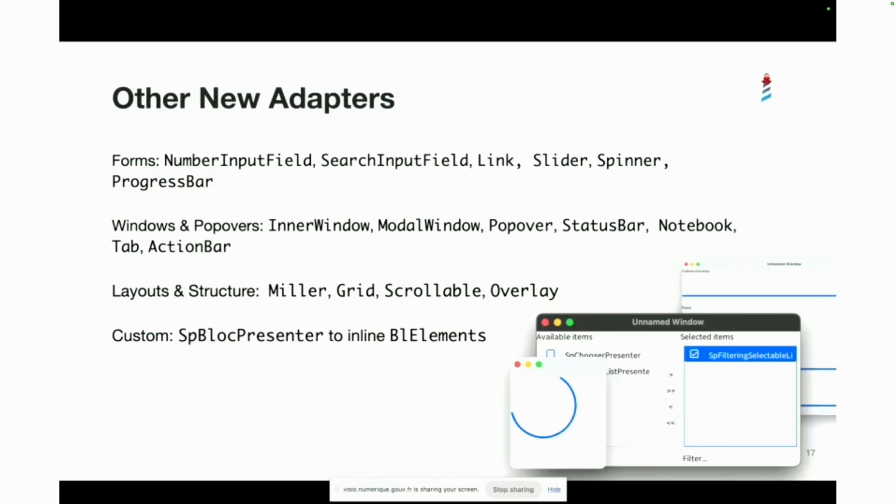Also, we cover many other widgets that you see, as well as layouts, because one of the important layouts is Miller, which is very used in the inspector, for example. It's a layout that lets you move horizontally among the panels and navigate the panels.